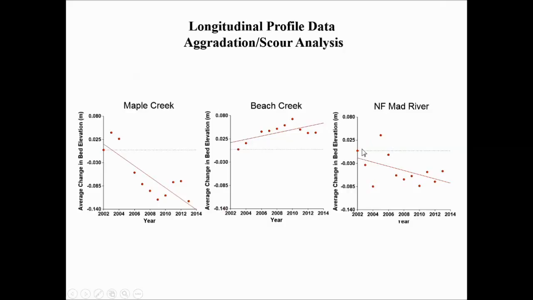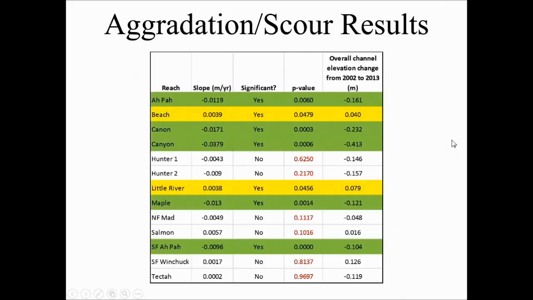Here are the implications without the averaging process. This is the 400 meter in 2007 plotted here, and this is the 400 meter plotted here. As you progress, you can see two similar pools in 2007, and here it is in 2012, and you might think this pool filled and therefore it scoured here.